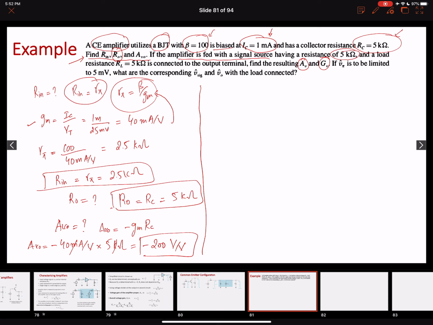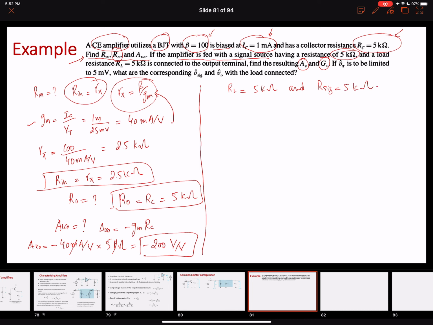So now we are given some more information about the circuit: the load resistance, which is 5 kilo ohms, and the signal resistance, which is also 5 kilo ohms, interestingly.